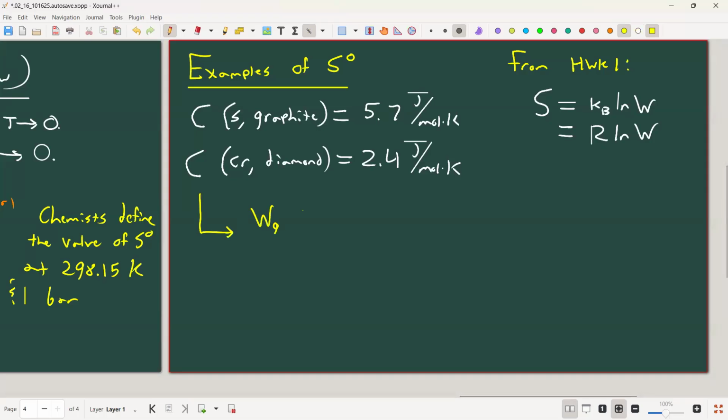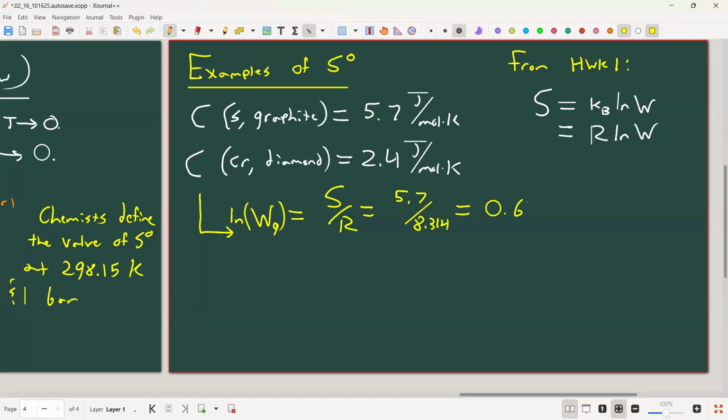So for graphite, ln W is going to be S over R, which is 5.7 divided by 8.314, which is 0.6686.